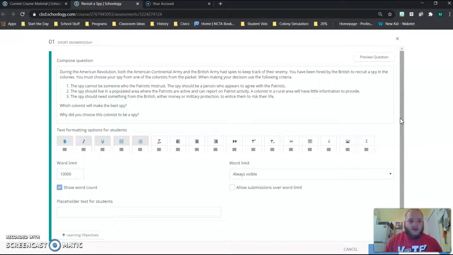So, which of those colonists A through G would be the best spy? And then I want to know why you're going to choose that one. I think there are, again, a couple of answers there using that criteria. Some of the Patriots will trust someone who lives in a populated area, and someone who might be able to get something out of the British here. So all of these are things to keep in mind as you're thinking of who is going to spy for the British.